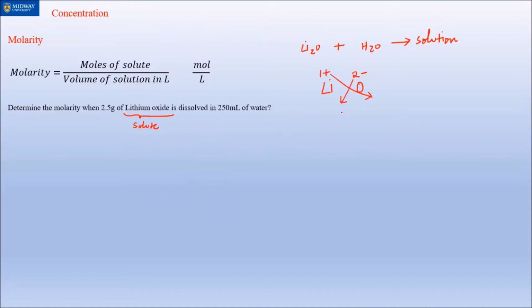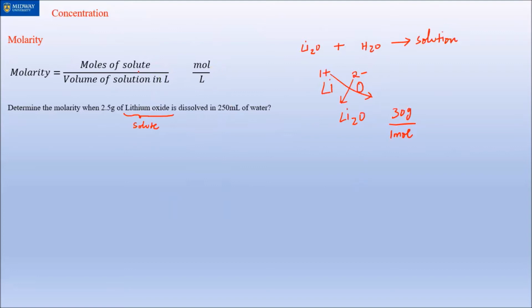We swap, we get Li2O, and I believe lithium's molar mass is 7, so 7 times 2 is 14, plus oxygen's molar mass is 16, so 30 grams over 1 mole. As always, what we're really trying to do is do 2 separate calculations. At least that's the way I'm going to show you until you get comfortable with it. Then you can do it all in one step.